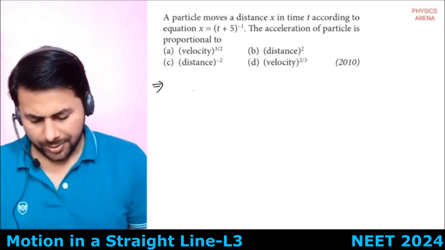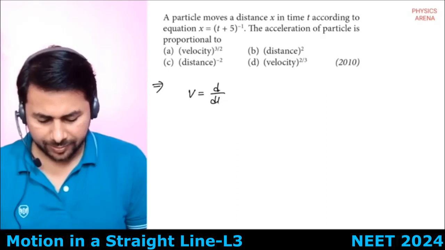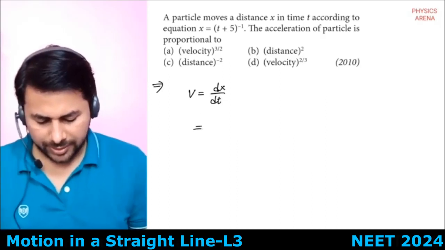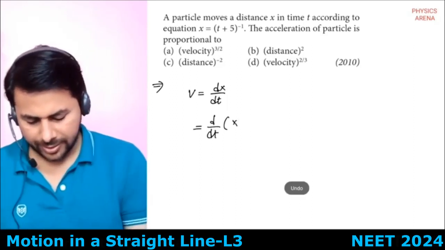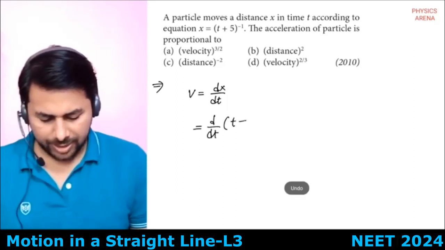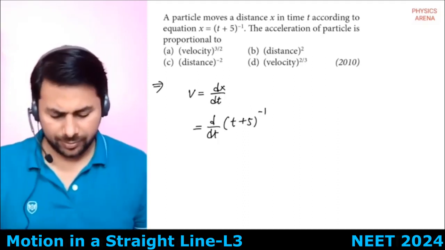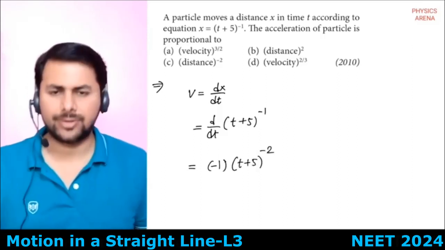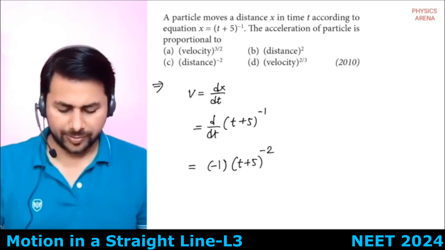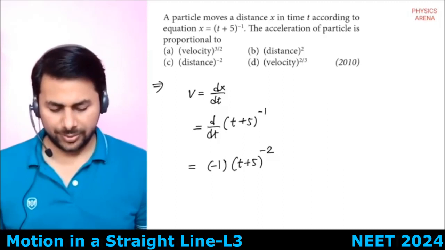First of all I will find v, which is dx by dt, that is d by dt of t plus 5 raised to minus 1. What will be its derivative? It is minus 1 multiplied by t plus 5 raised to minus 2. Right?